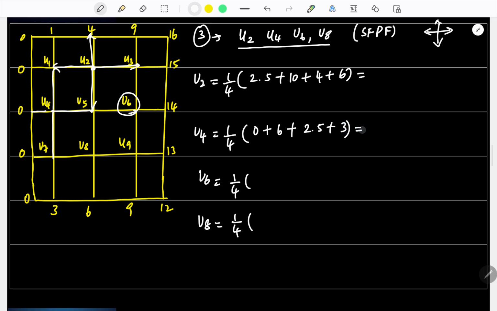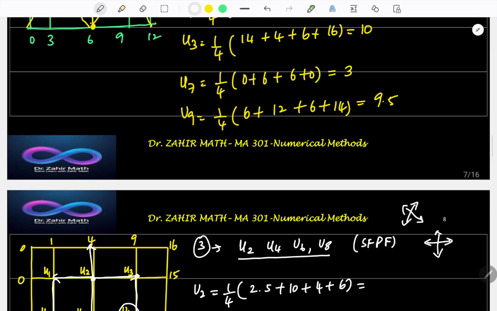Next u6 is u5, and then 14 plus u3 plus u9. Okay, right. So which is 1 by 4 of 6 plus 14 plus 10 plus 9.5. 9.5 we just calculated for u9.